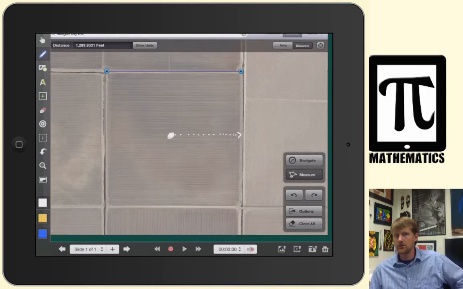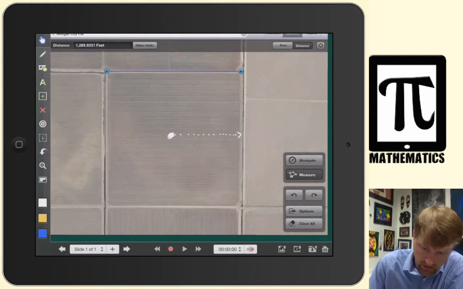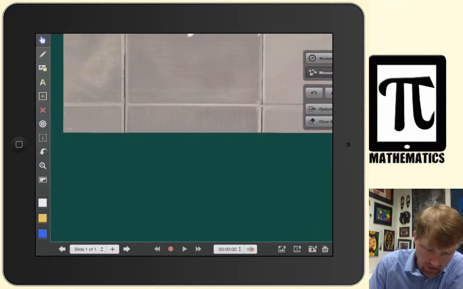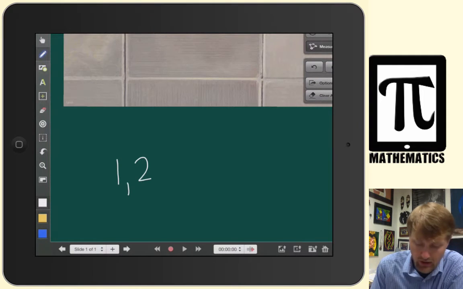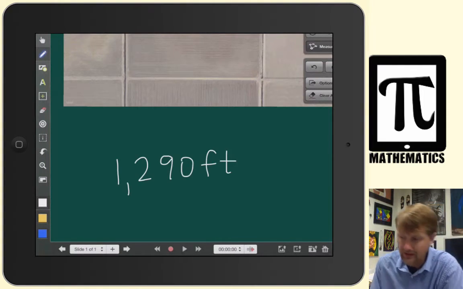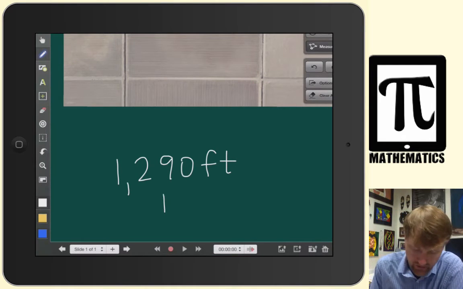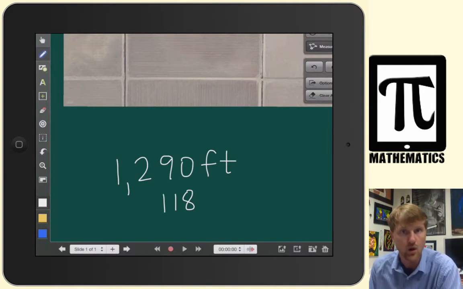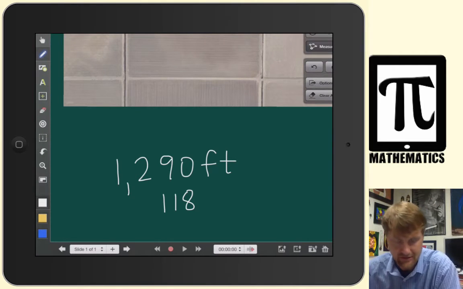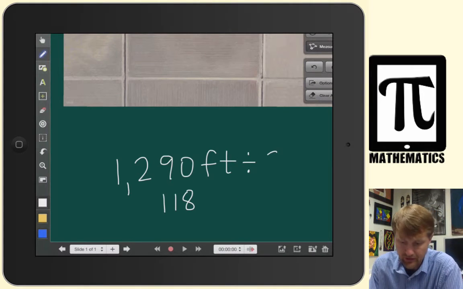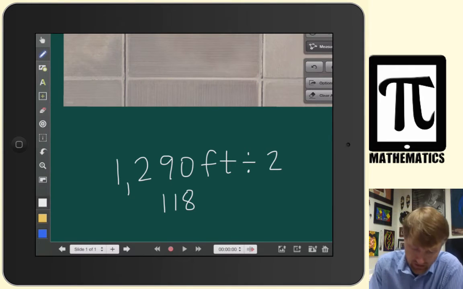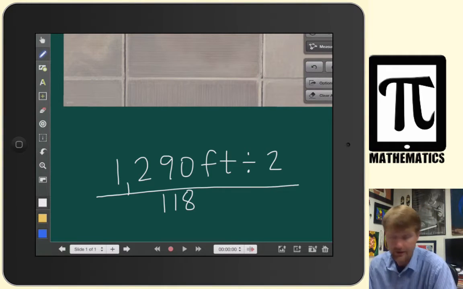And they go to calculate that, and we as very smart, bright math teachers, we can quickly see that, well, if the length is 1,290 feet and each one of those sections is 118 feet, and we're only going half of that distance, we would first take 1,290 feet and we would divide that by 2, and then we would divide that whole thing by 118.